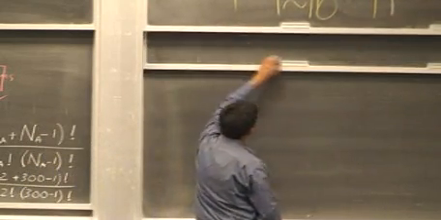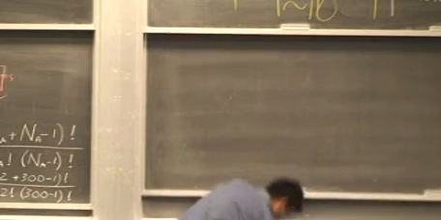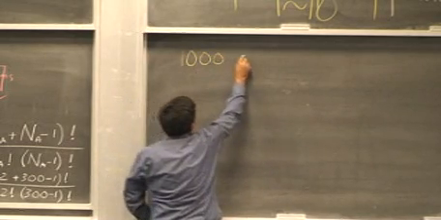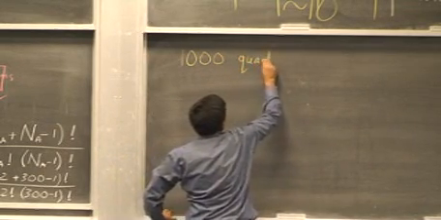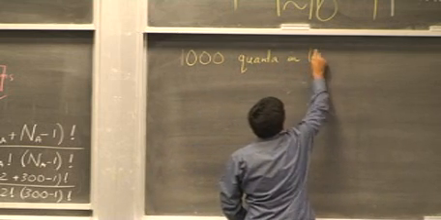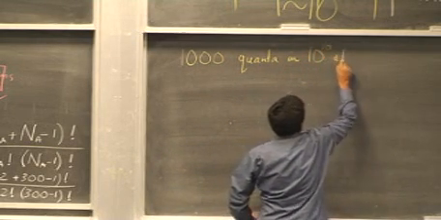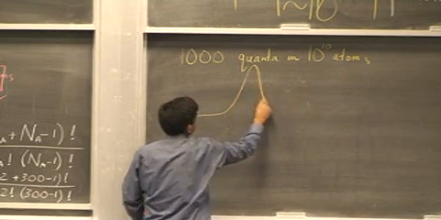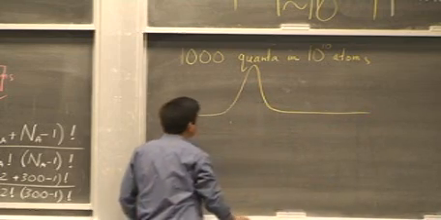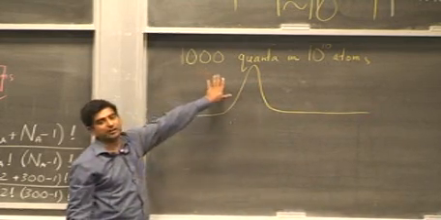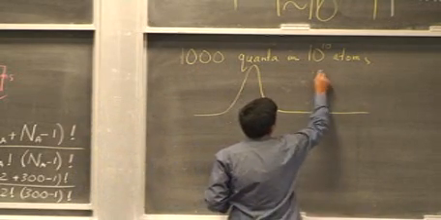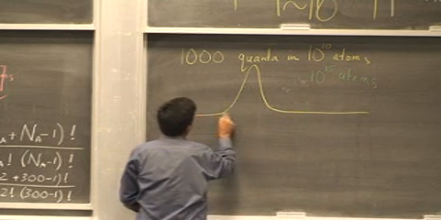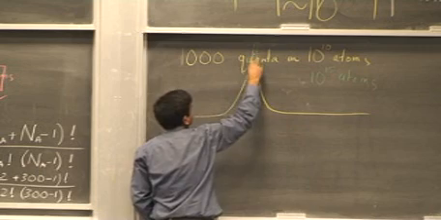So, if I have 1000 quanta in 10 raised to power 10 atoms, I will get a certain probability distribution. If I have the same number of quanta in 10 raised to power 15 atoms, I will get a sharper probability distribution.